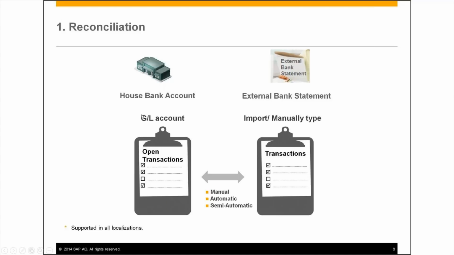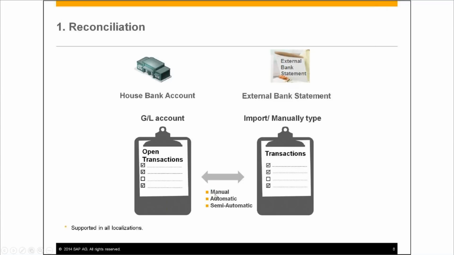The idea is we still have our house bank account with the transactions that have occurred in SAP Business One, and we still have an external bank statement. The difference here is that instead of doing the reconciliation manually and only entering the things that don't occur on the house bank account to make it balance, we're actually going to manually enter or import the entire bank statement and compare it to the transactions.